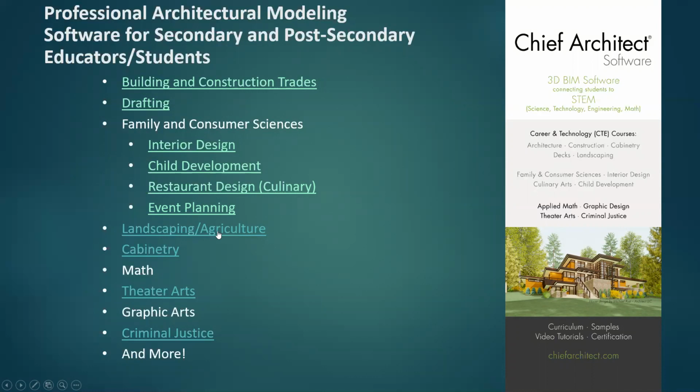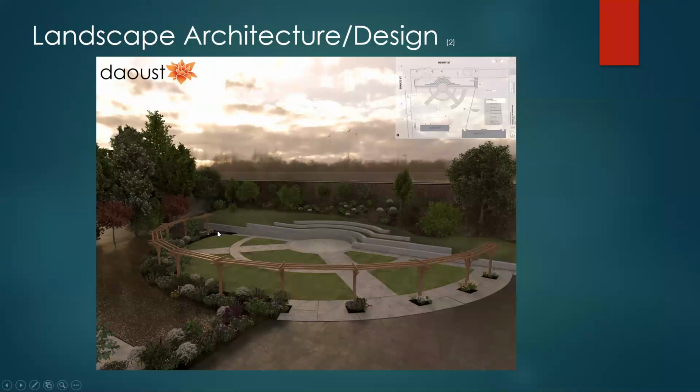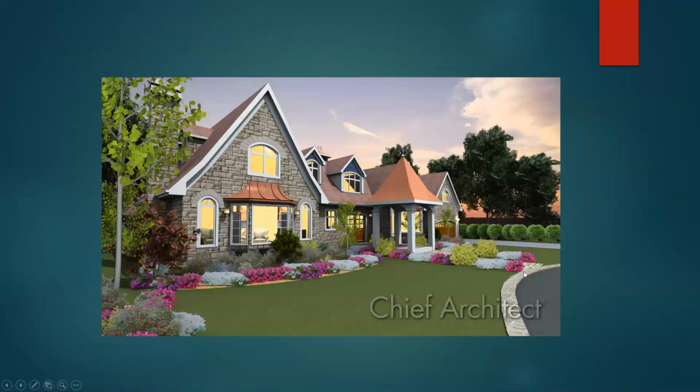You can actually see the plants growing at their own individual rates. Here's an example of the different three-dimensional trees and plants and the retaining walls, different things that you might see with a landscaping program.